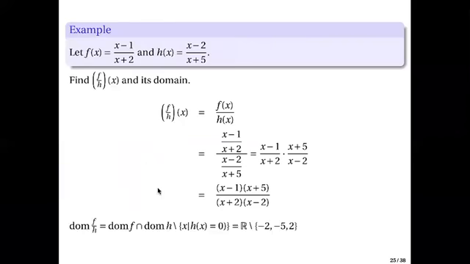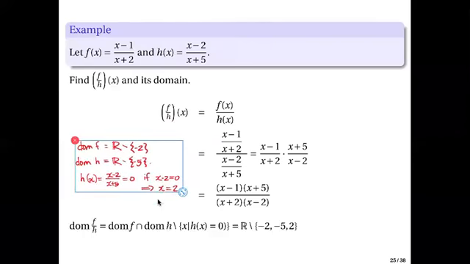We have the following. By definition, okay? By definition, the domain of f over h is the domain of f intersection the domain of h. Okay? So let me enclose this with that parenthesis. So domain of f intersection domain of h, take note of that, take away all the x's that will make h of x equal 0.